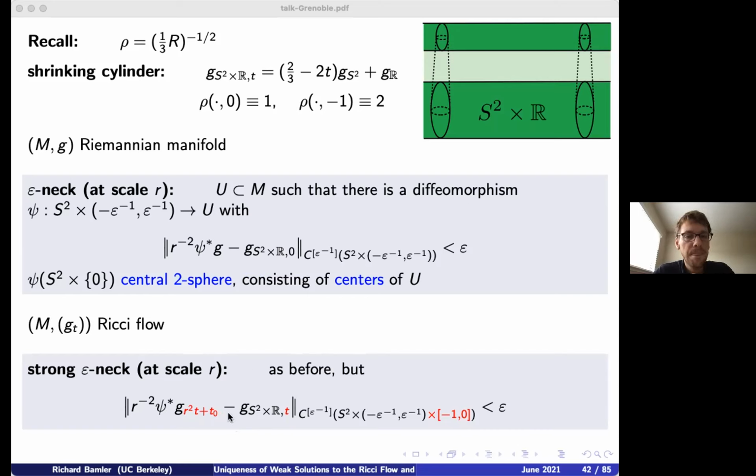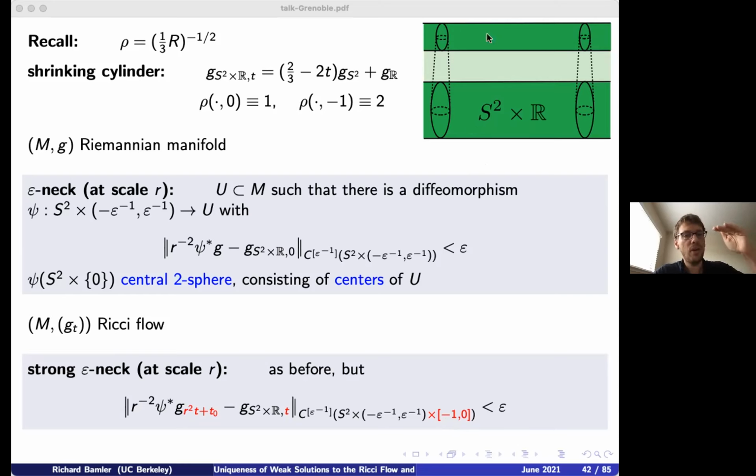I've marked the changes here in red. So I want to be close to the cylinder on the time interval from -1 to 0, but on scale r. That means we're going to be close on the time interval from time t_0 - r^2 to t_0.